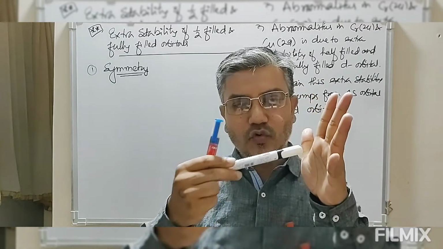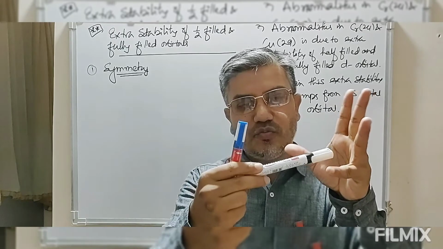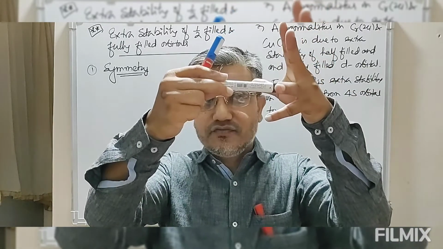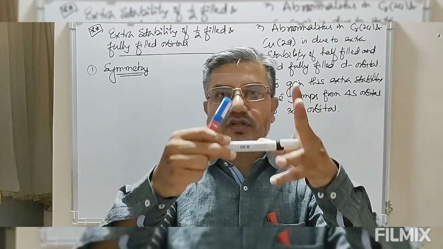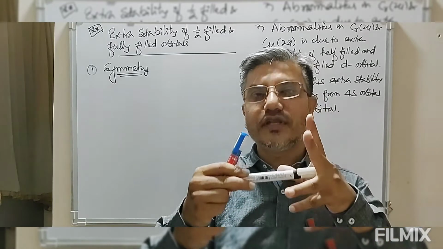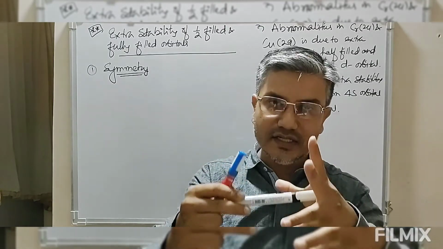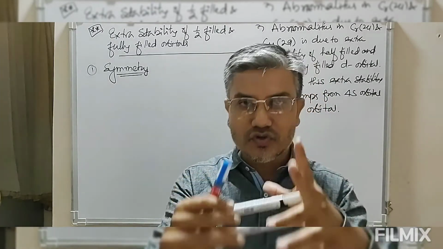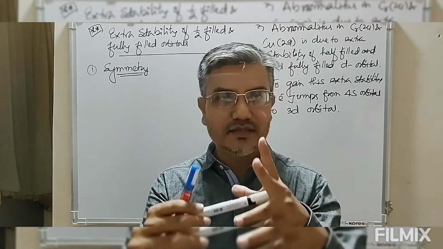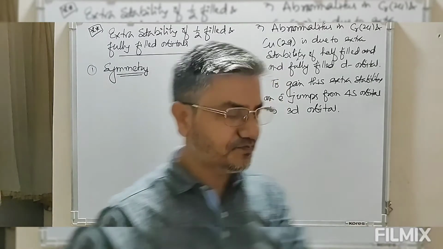When all the d orbitals are occupied by electrons, we have half filled or fully filled shells. Because of this, there is a symmetrical distribution of negative electronic field around the orbitals, and stabilization takes place.